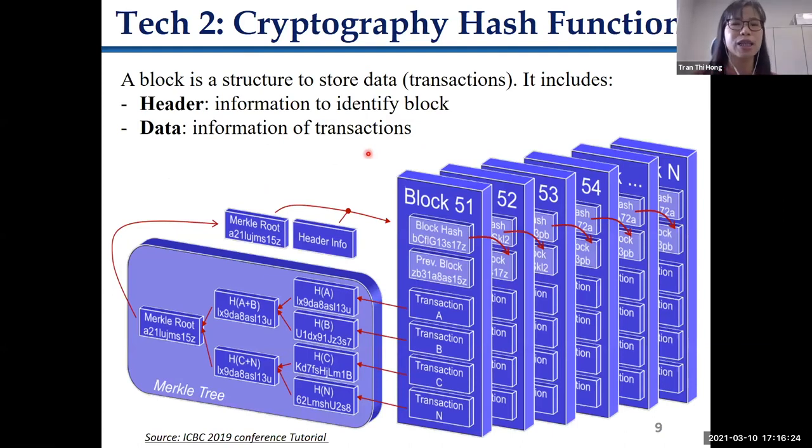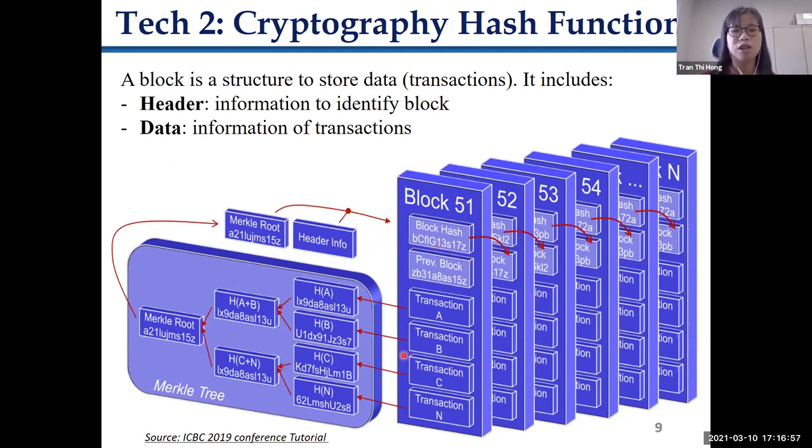Okay, the next is the crypto hash. Let's look at this blockchain ledger. We have a lot of blocks connected together. In each block, we have a lot of transaction data, and we need a cryptographic hash function to generate the Merkle root of these transactions. Then from this, we form the header and use the cryptographic hash to calculate the hash of the header.